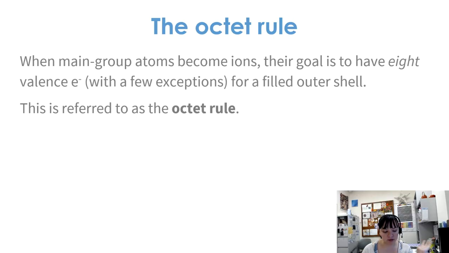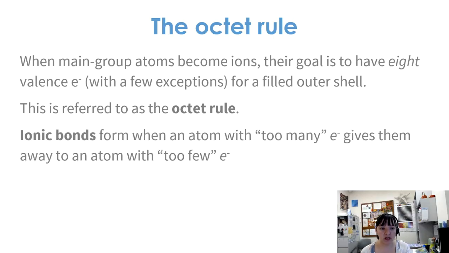And what we're going to focus on first in this video is ionic bonds specifically. So an ionic bond will form when you have, say, an atom that has beyond 8 electrons. So maybe something like sodium or potassium, right? They have just one extra valence electron they don't want. If they could just get rid of that, then they could look like their nearest noble gas.